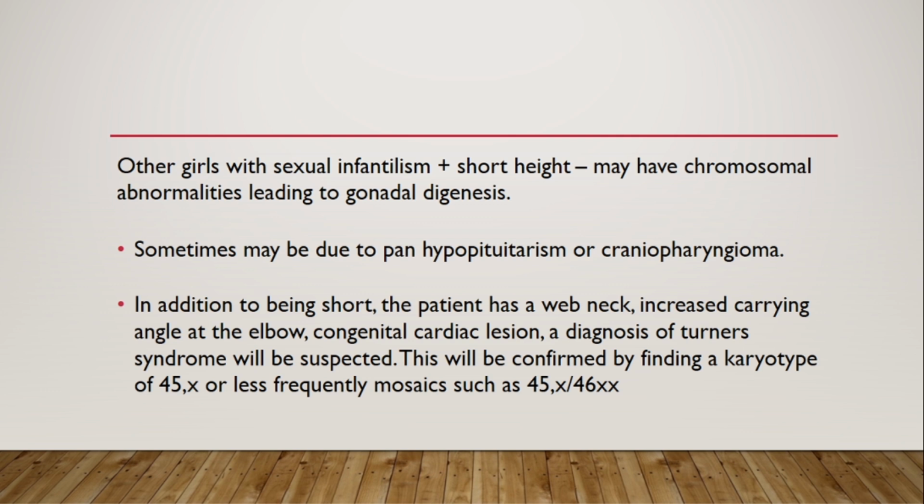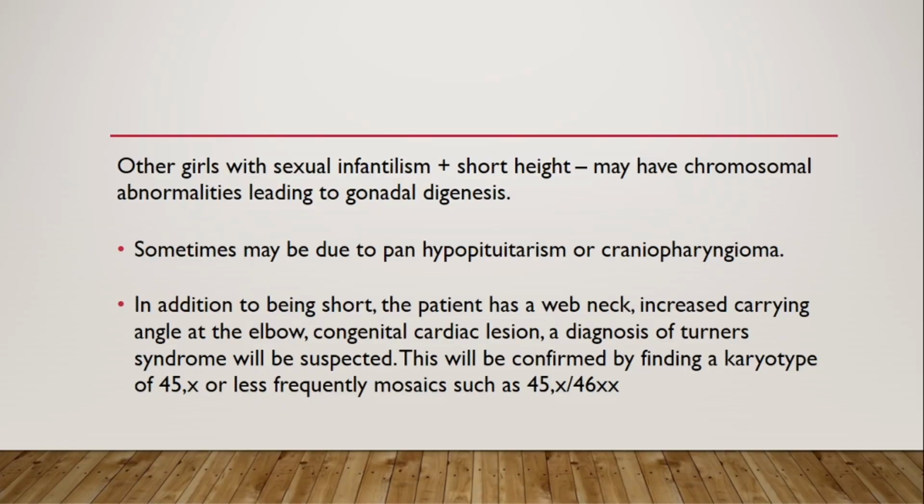What you need to confirm this is a simple karyotype, in which case you will see 45 chromosomes: 44 autosomal chromosomes and 1 single sex chromosome. Ideally, in a normal woman, there are 46 chromosomes, 44 autosomal chromosomes and 2 sex chromosomes. So when you do a karyotype, either from the buccal mucosa or from the skin, you will find 45 XO. That 45 XO is typical Turner's.